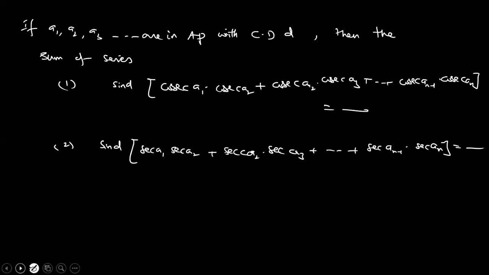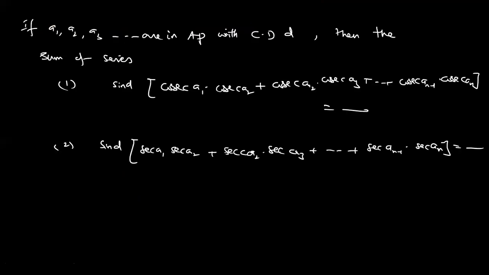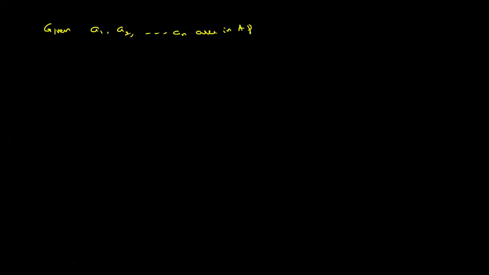See. Write down the solution, all of you. What is the given? Given A1, A2, A3, and so on, AN are in AP. Now see, what is the given condition?